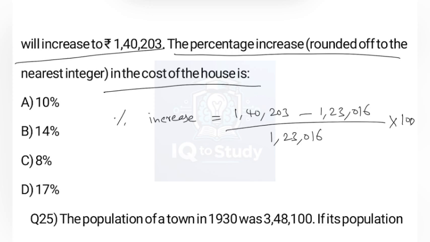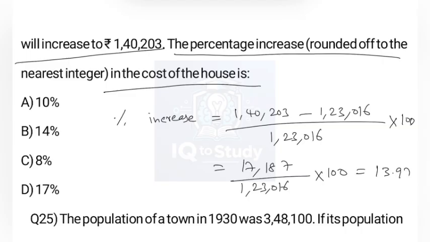That is equal to 17,187 divided by 1,23,016 into 100. So that is equal to 13.97. So approximately it is equal to 14%.